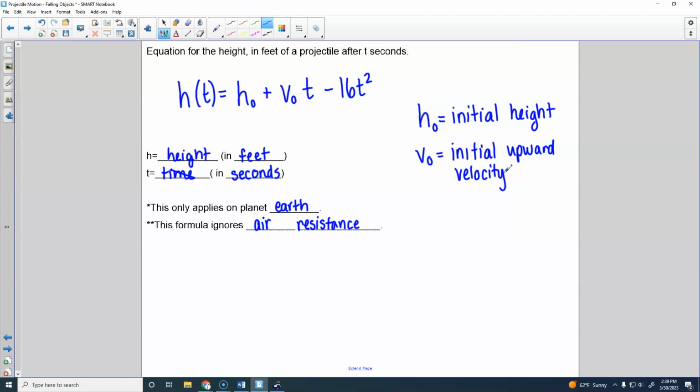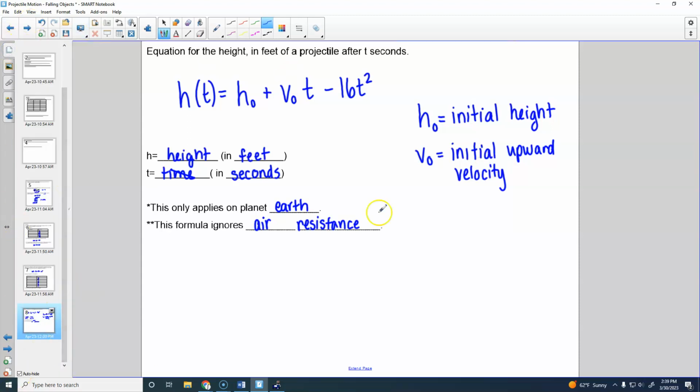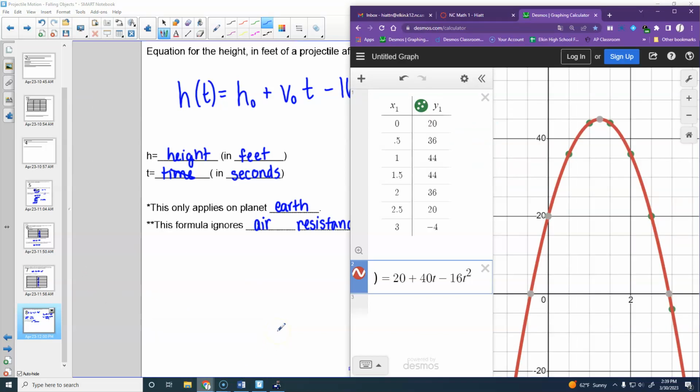All right. So questions. That's our formula. When I was typing in the equation, what you found with decimals... Let me look at it real quick.